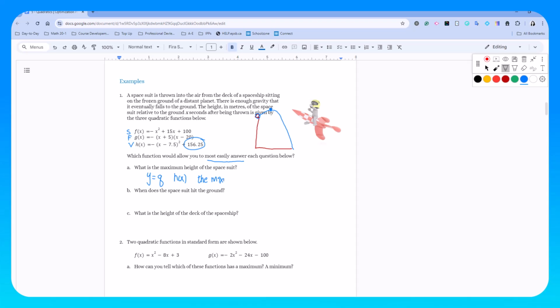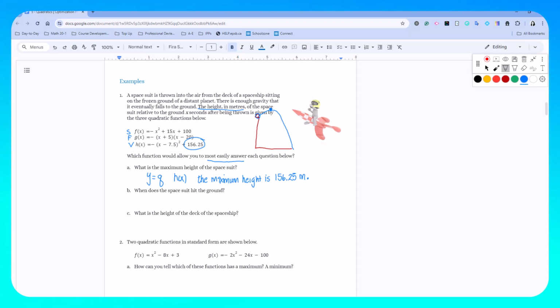We're going to write it out because it's a word problem. The maximum height is 156.25. And because this has units associated with it, remember it says the height in meters, we must include the meters as well, but you can leave it as an m.